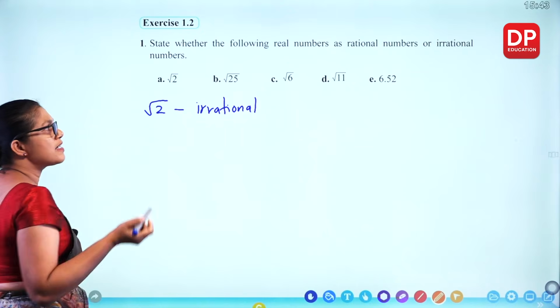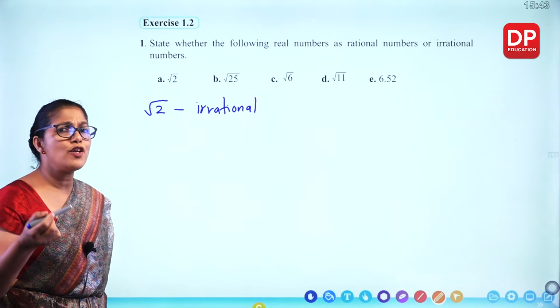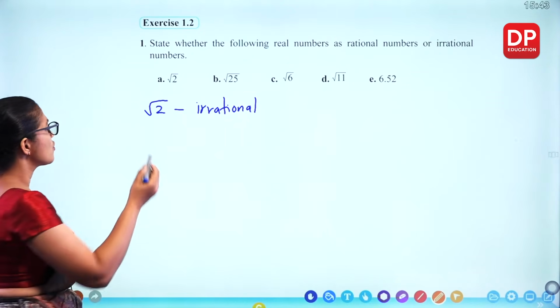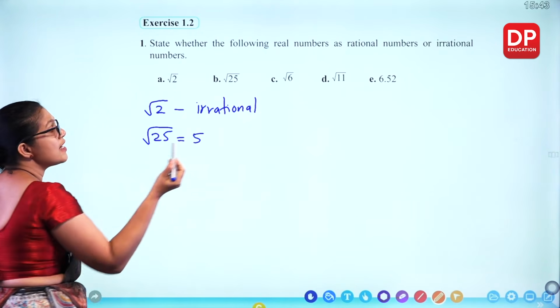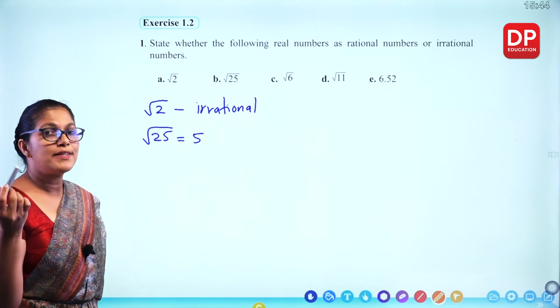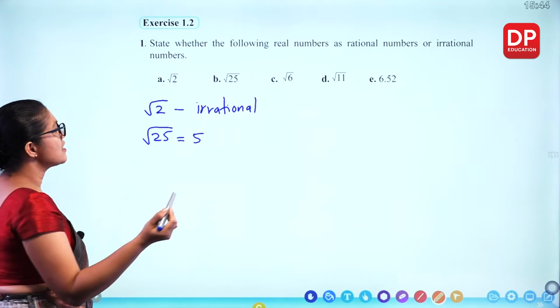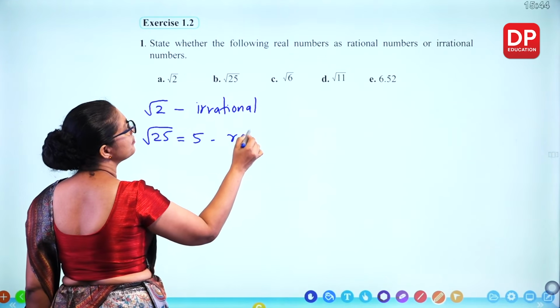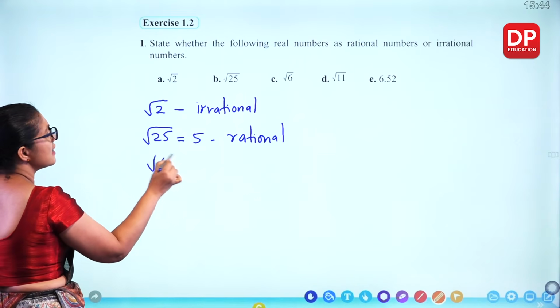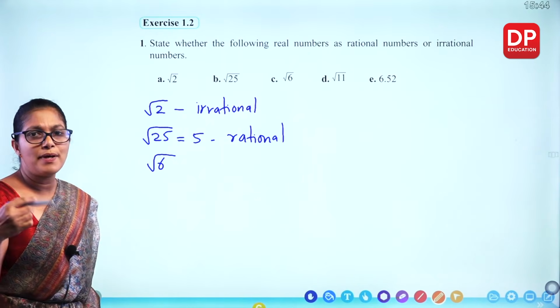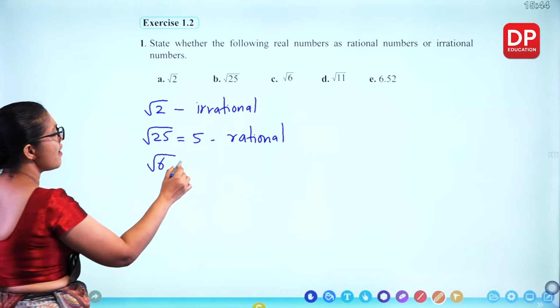What about root 25? The square root of 25, we know that's 5. So is it rational or irrational? 5 is a whole number, that's an integer. Integers are rational. What about root 6? It's not a whole number, so that's irrational.